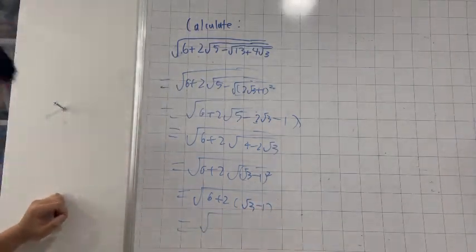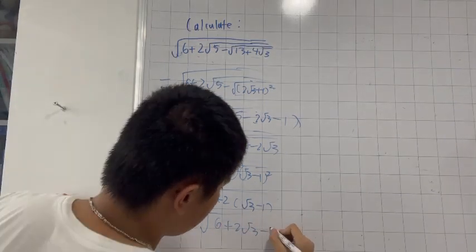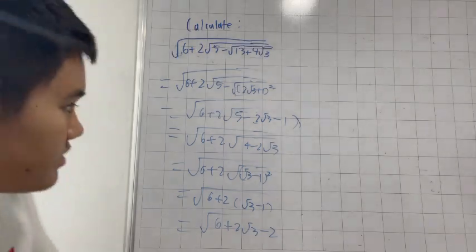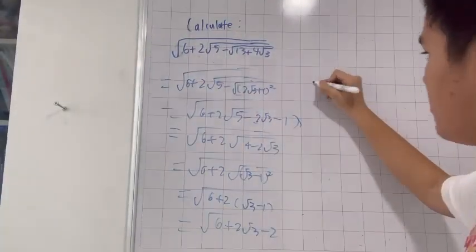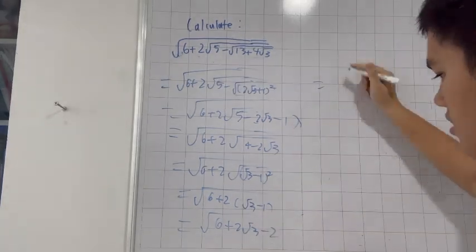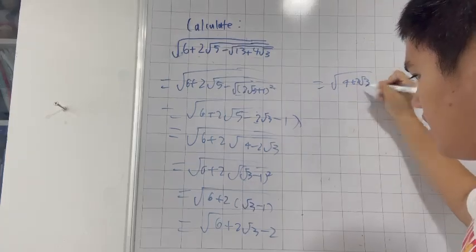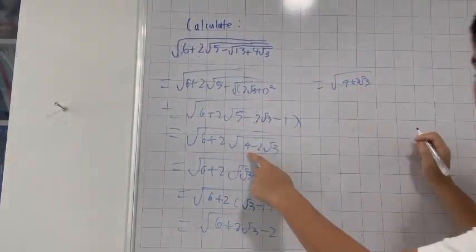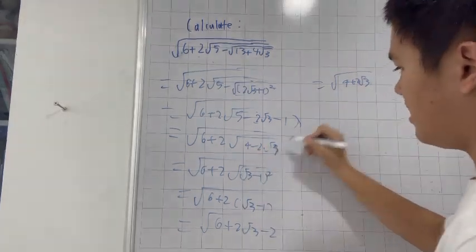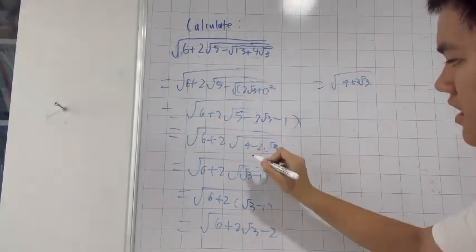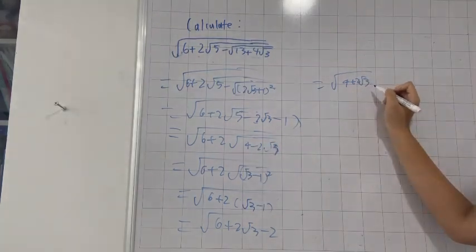And then what we got is square root of 6 plus 2 square root 3 minus 2. You can still see it, right? So that'll be equal to 4 plus 2 square root 3. And look, you see, it's oddly the same. The only difference is the sign here. This is 4 minus 2 square root 3. This is 4 plus 2 square root 3.